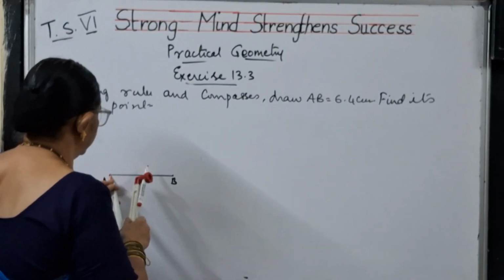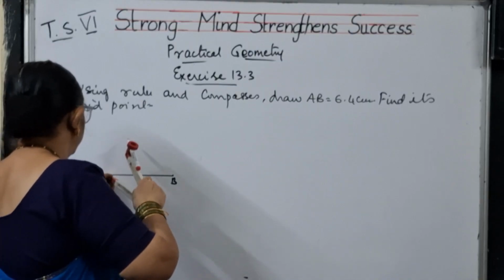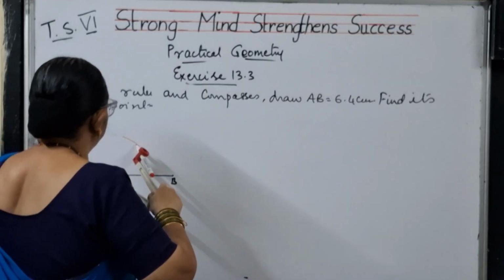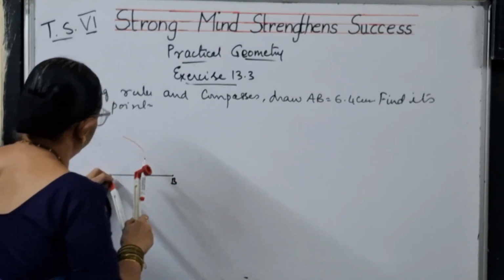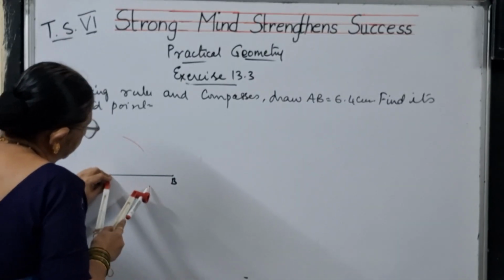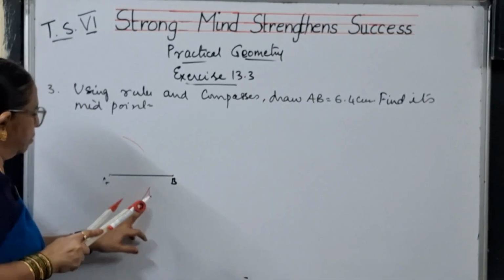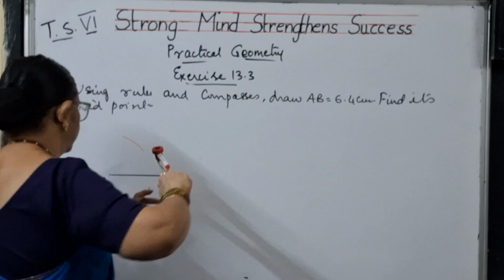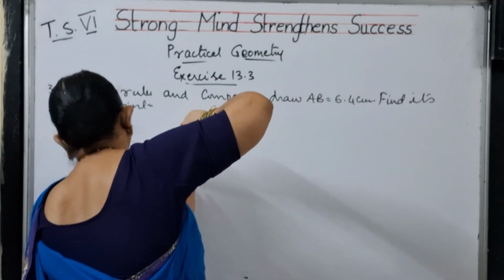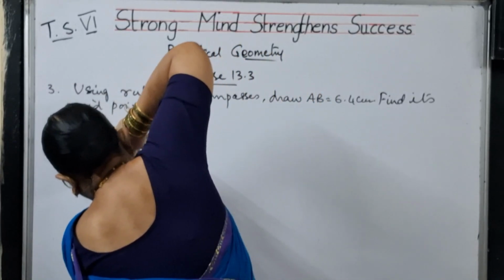So you know that A as center and more than half of AB as radius, you have to draw two arcs. This is one arc and this is another arc. Now again, B as a center, I should cut these two arcs. One arc is at this and another one is here.